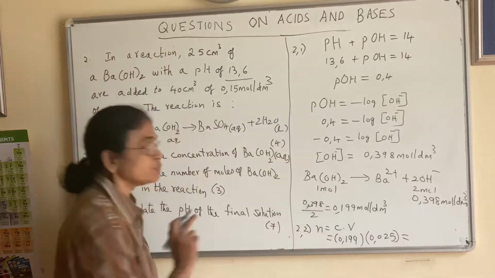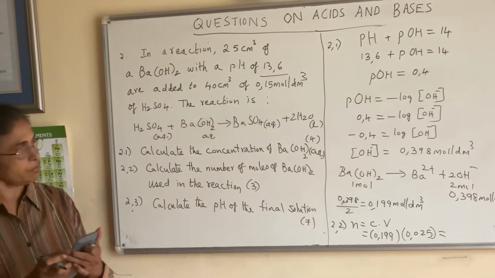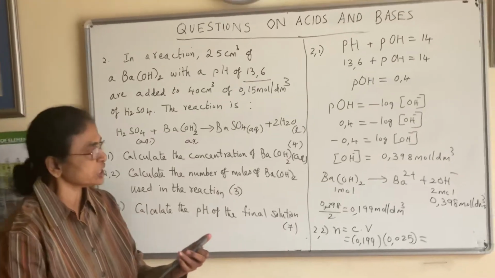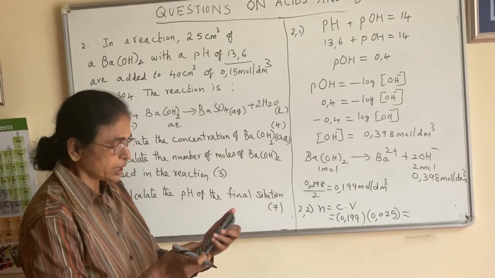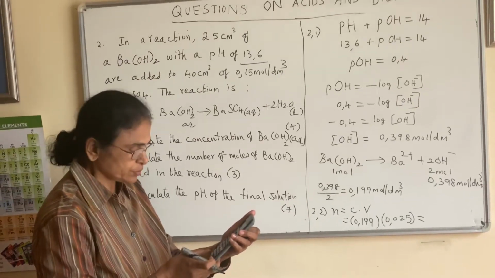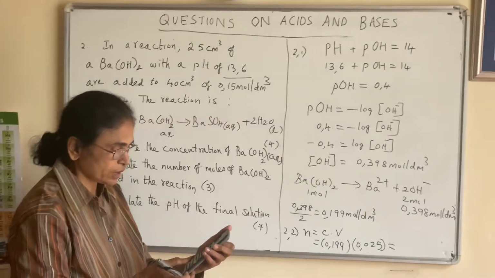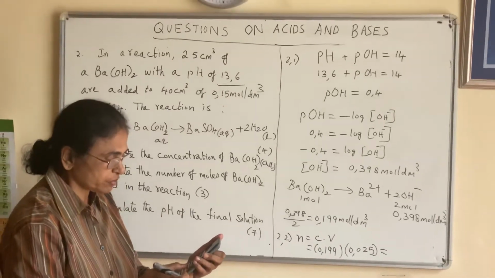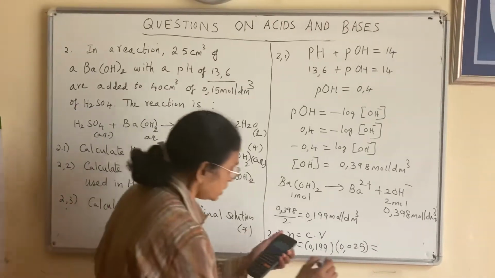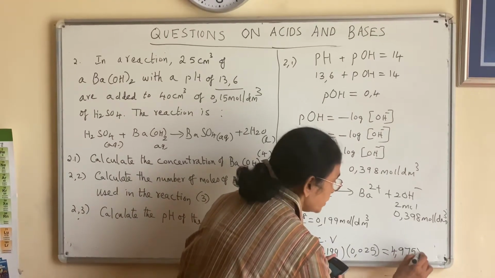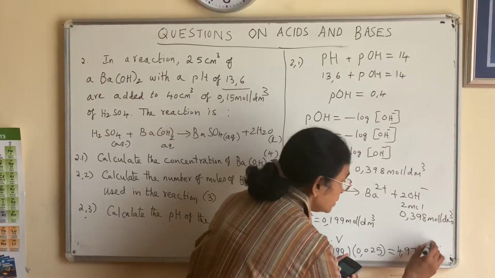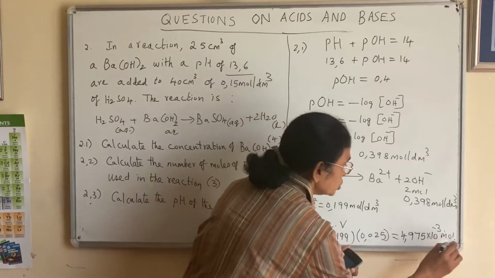Whenever we use this formula, the volume must be in decimeter cube because concentration is expressed per decimeter cube. 0,199 times 0,025. Let's do the calculation and see what we get here: 4,975 times 10 to the power of minus 3 moles.